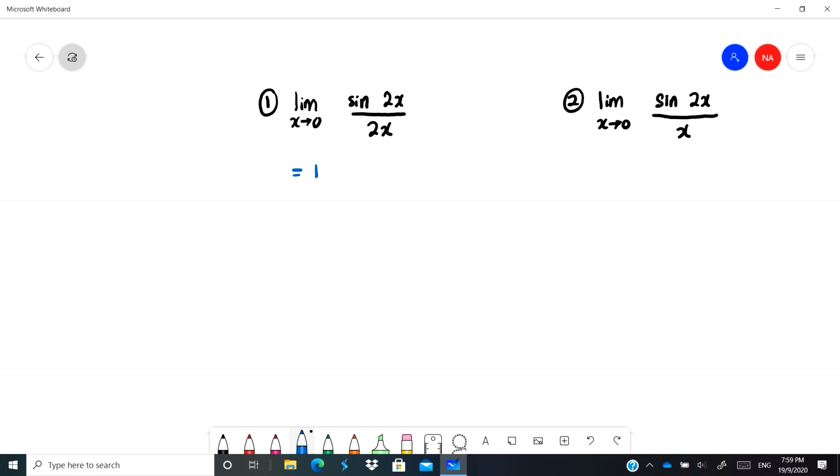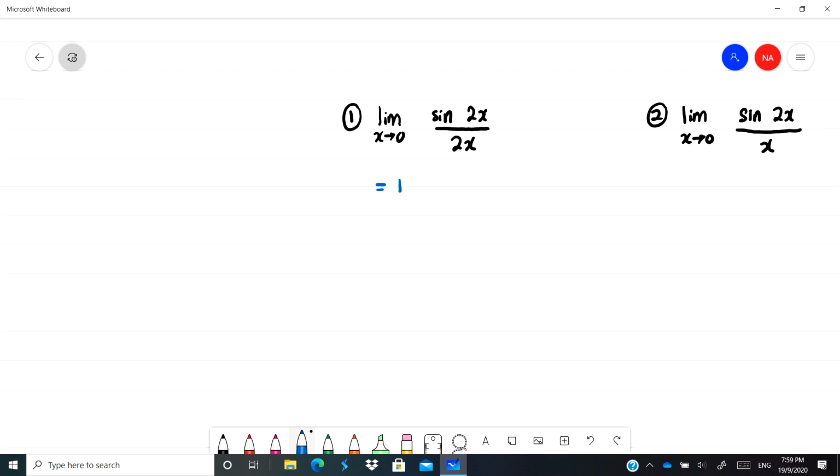I'm going to try using substitution. Let t equal 2x. When x approaches 0, of course t approaches 0, so we substitute. The limit as t approaches 0 of sin t over t is the squeezing theorem, where the value is 1.